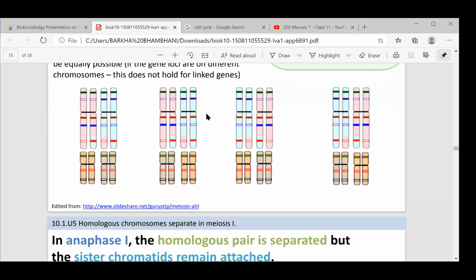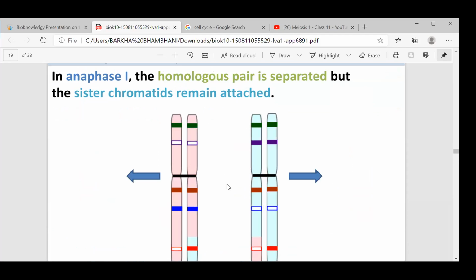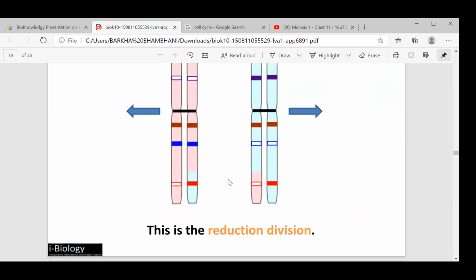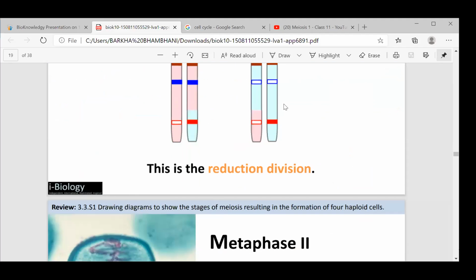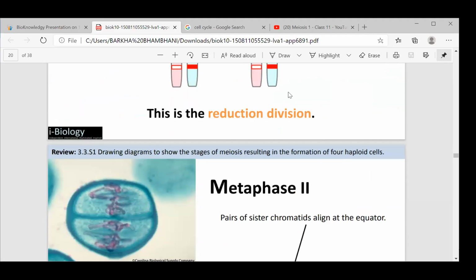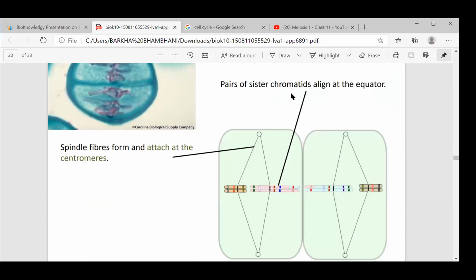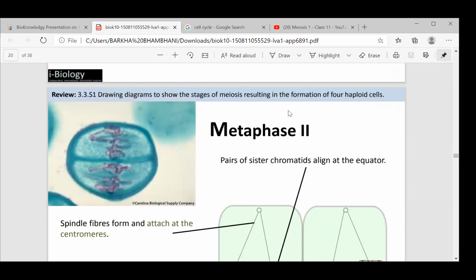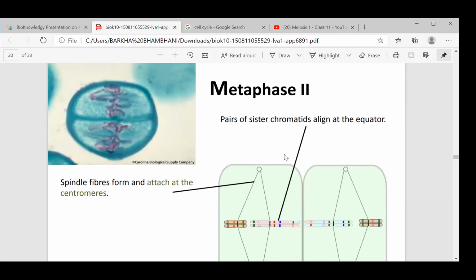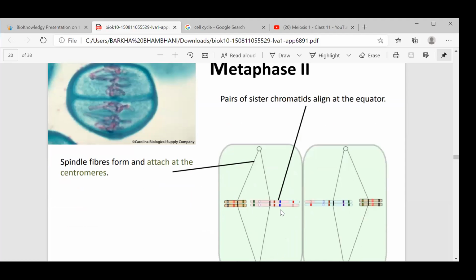Now, in anaphase 1, the homologous pair will be separated, but they will remain attached at the centromeres. But in metaphase 2, we are jumping from metaphase 1 to metaphase 2. In metaphase 2, the sister chromatids are getting aligned.